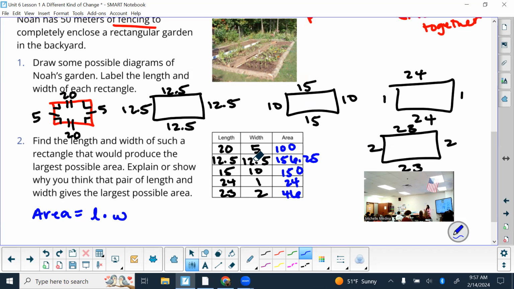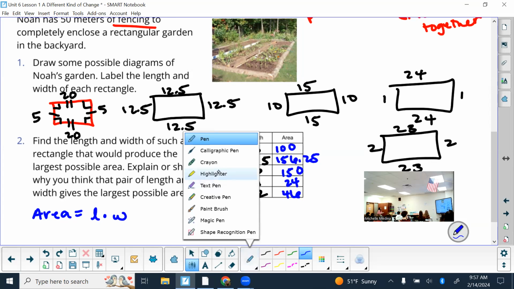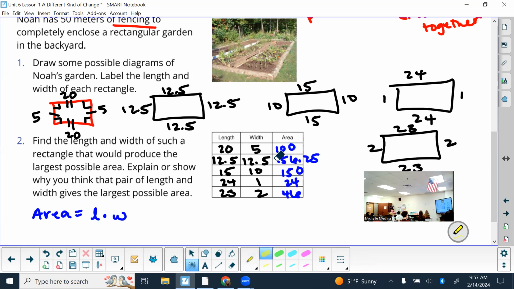Does the area get bigger or smaller? So from our table, our largest area is this one. Can anyone think of a rectangle that still adds to 50 for the perimeter that has different dimensions than this and gives us a bigger area?